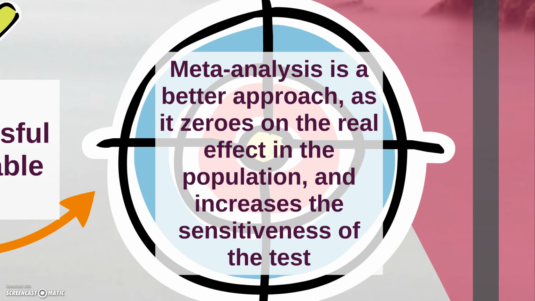recommended as well. With meta-analysis, when you do the replication, the second study, you aggregate what you know from the first study with what you got from the second study, which has the benefit of zeroing in on a better estimate of the real effect size in the population, and also increases the sample size and therefore the sensitivity of the test.